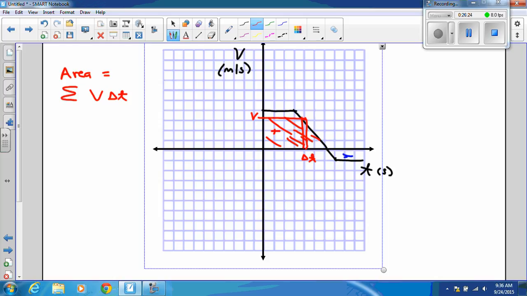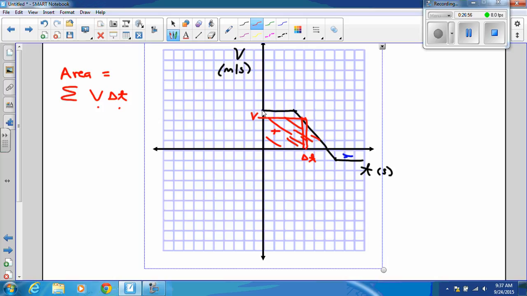And the capital Greek sigma, which is not an E, represents the sum of all the velocities times delta t. Now, that's mathematical. Physically, here's what this does for us. This is v0 times t, except that my v at each point is different for each different velocity.